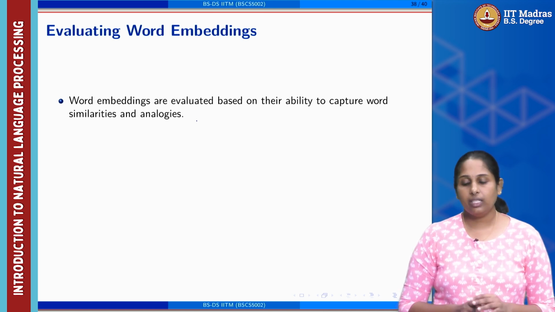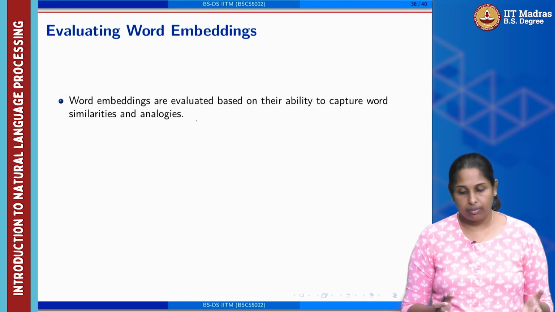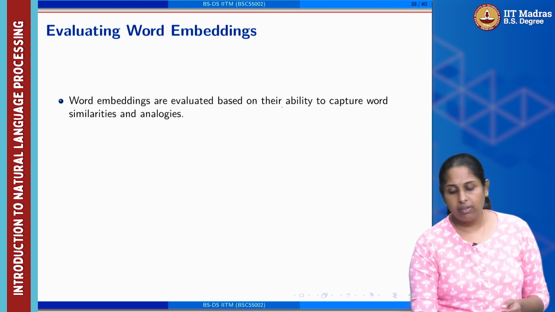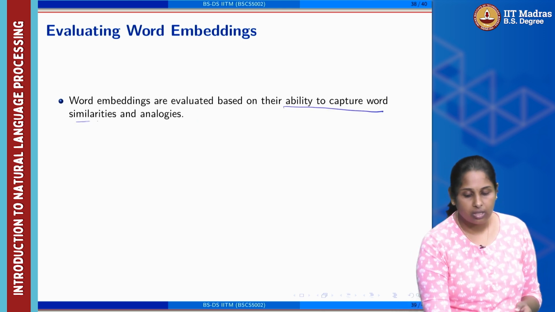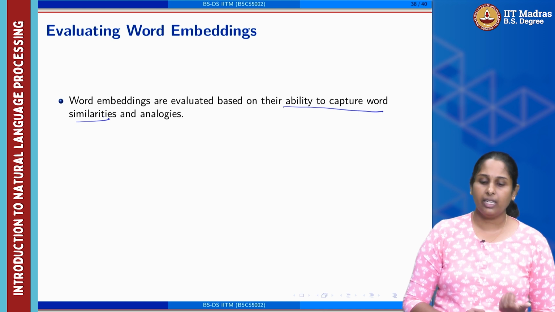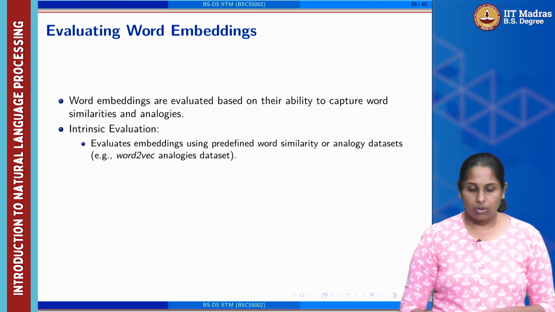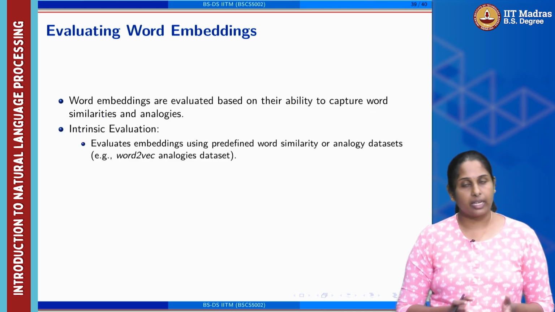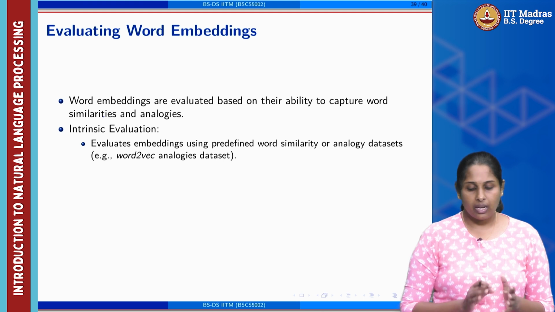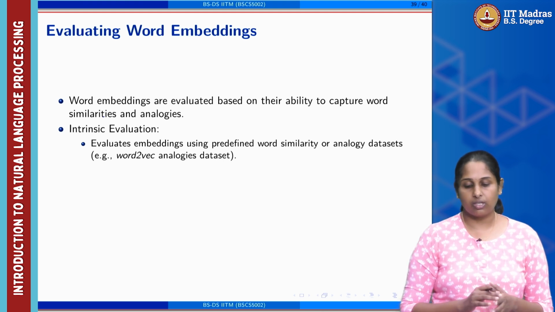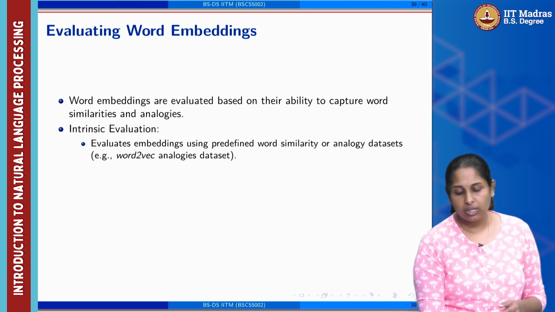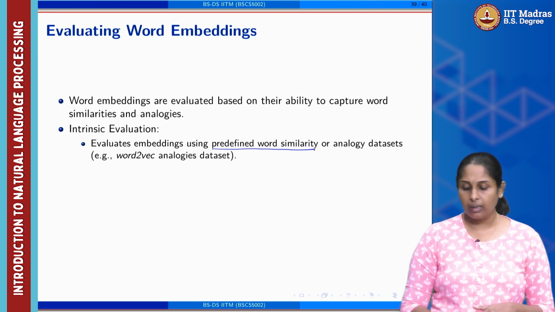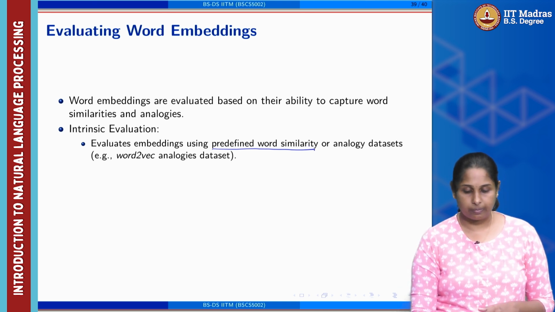Now, evaluating the word embeddings is another important thing. Word embeddings are evaluated through different means because we are evaluating their ability to capture word similarities and their analogies. So, intrinsic evaluation and extrinsic evaluation can be done. Intrinsic evaluation evaluates the embedding using predefined word similarity and analogy data sets.